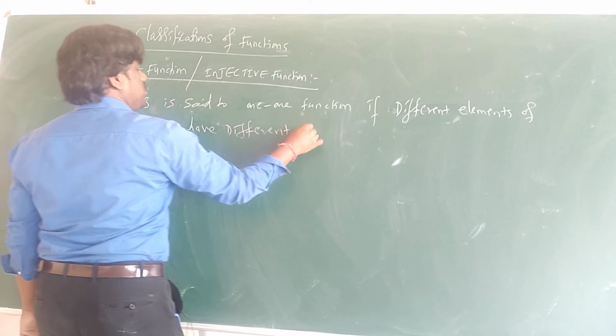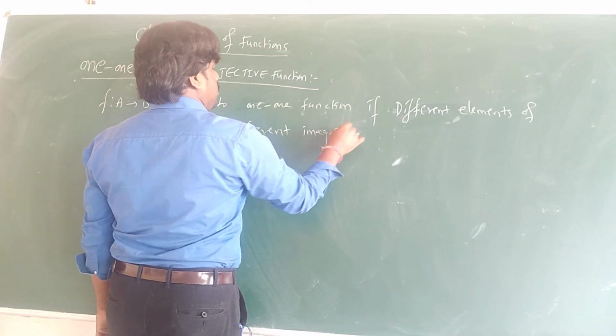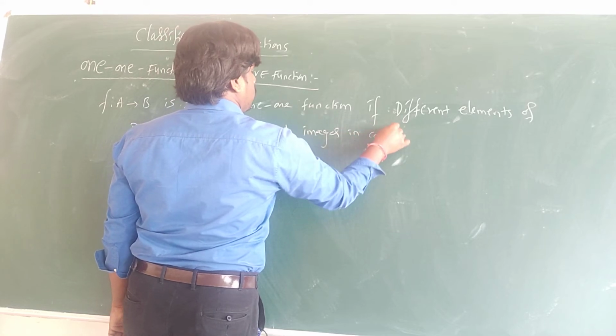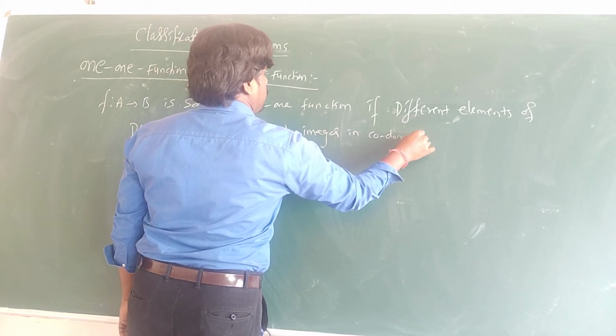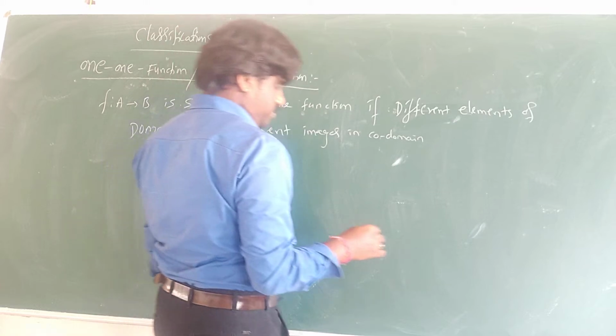Different images in codomain. So that is called a one-one function.